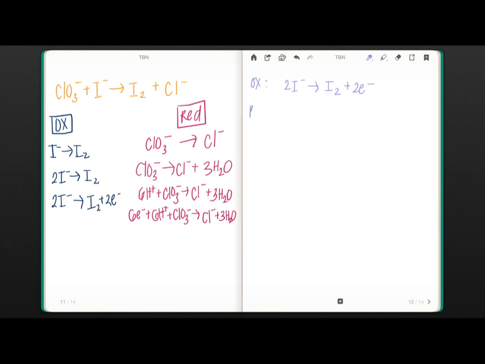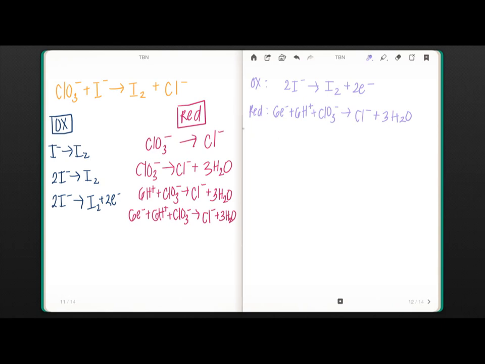And then the reduction reaction, which is 6 electrons plus 6H plus ClO3 minus, as it goes to Cl minus plus 3H2O. So as you can see here, nothing can get canceled out.